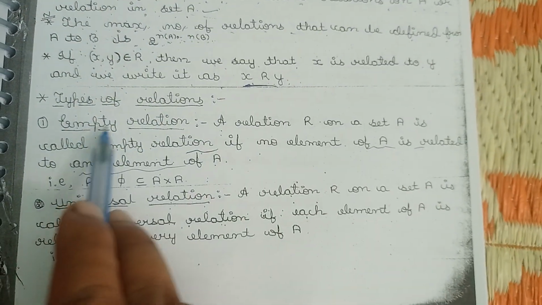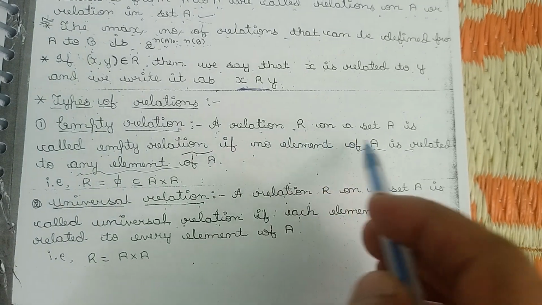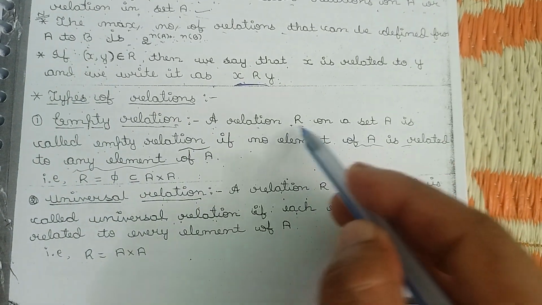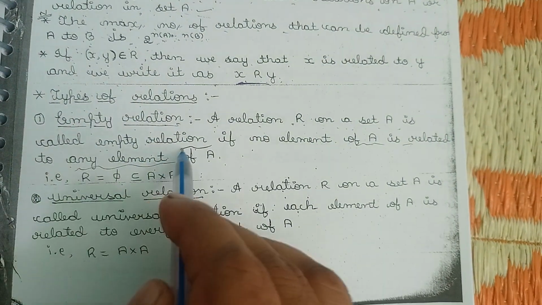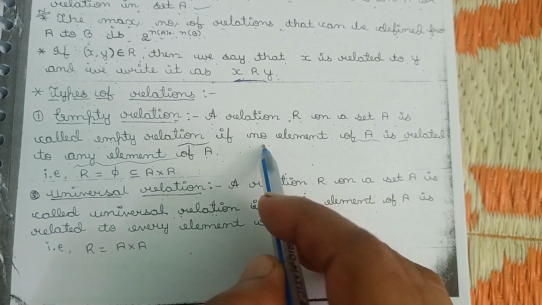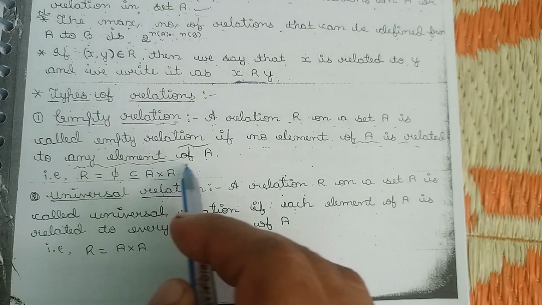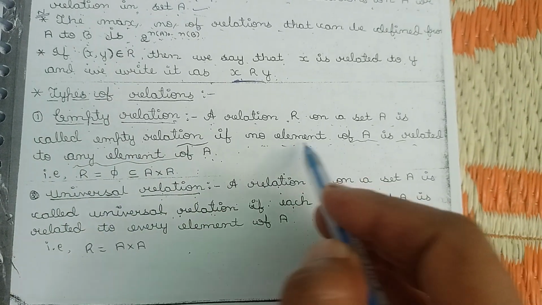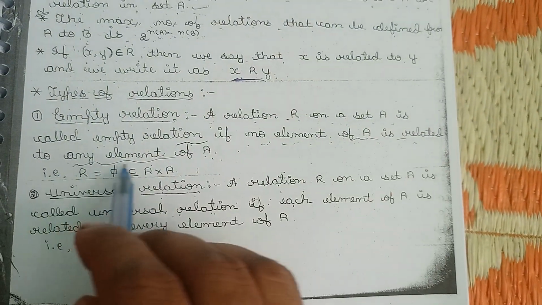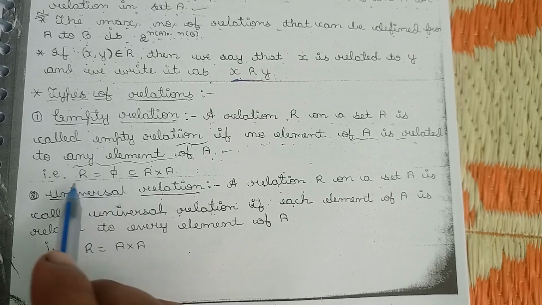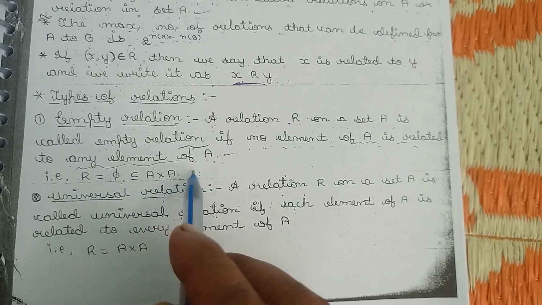First, the empty relation. A relation on a set A is called an empty relation if no element of A is related to any element of A. For example, R equals the empty set, a subset of A cross A.